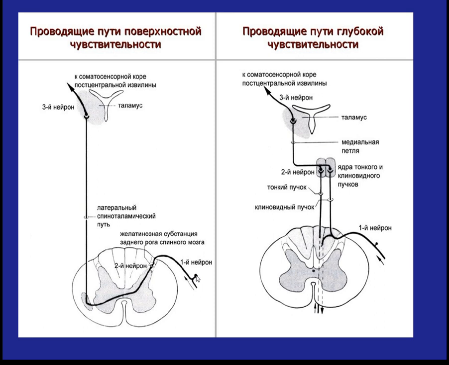First order neurons, for all modalities of sensation, remember please, and this is a rule, all modalities of sensation, all pathways have first order neurons in the spinal ganglion. Axons of first order neuron enter the spinal cord and terminate on the second order neurons, which lie in the posterior horn.